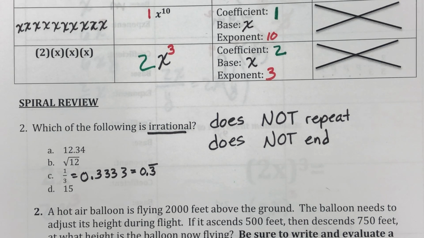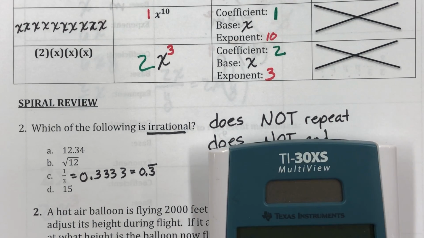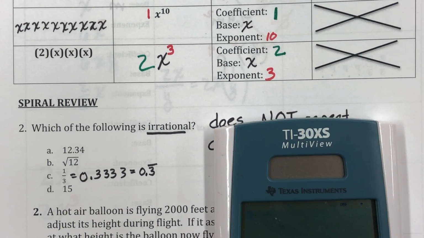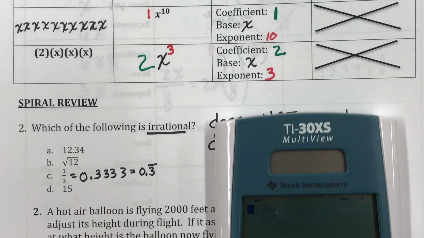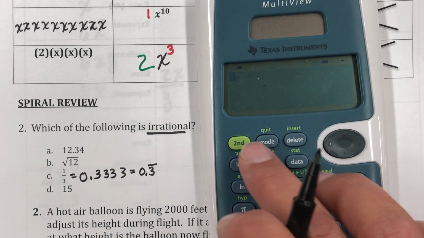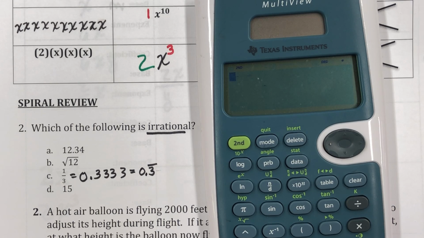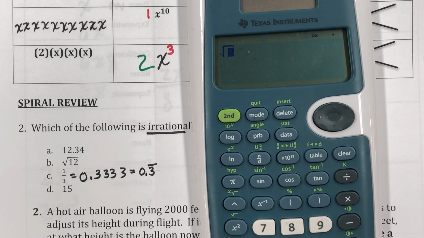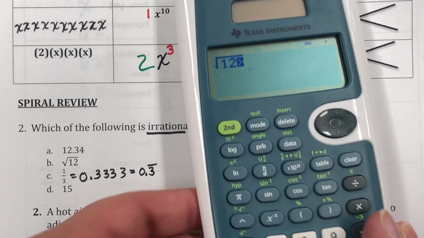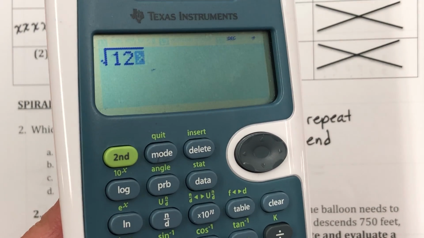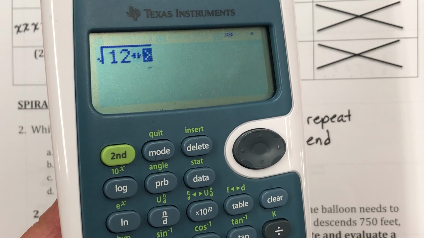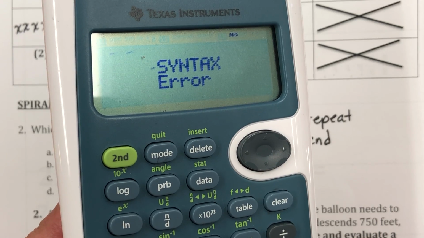So if I grab my handy dandy calculator, which of course I hid under a piece of paper, and I put in second, let me show you. I have to press the second button and the square root button and then put in 12, and you can see when I hit the double arrow key and the enter, syntax error.